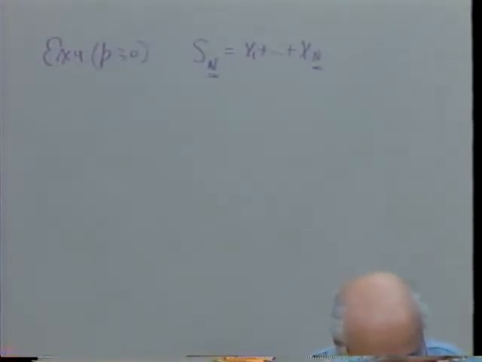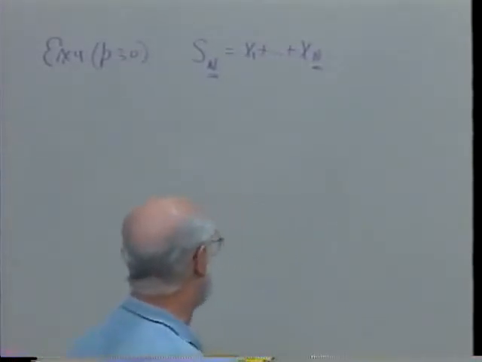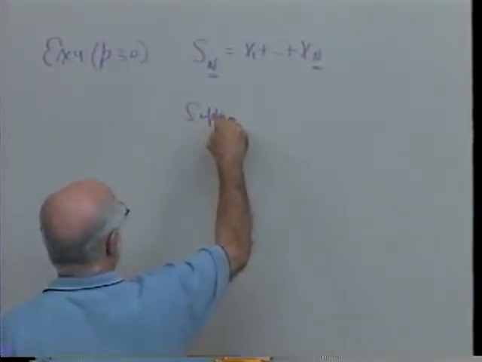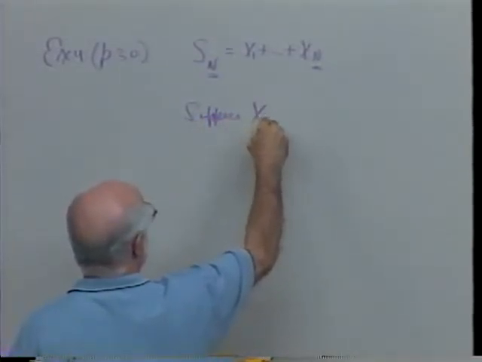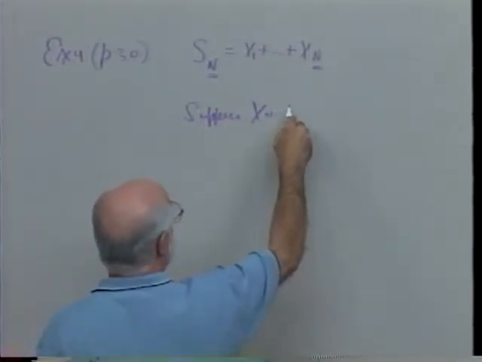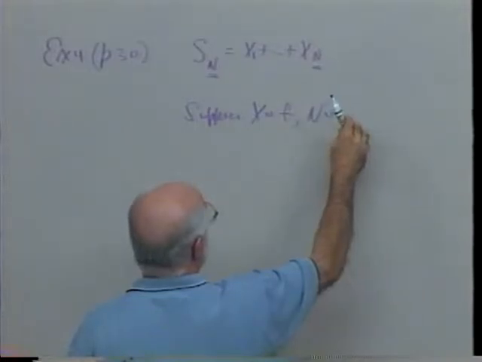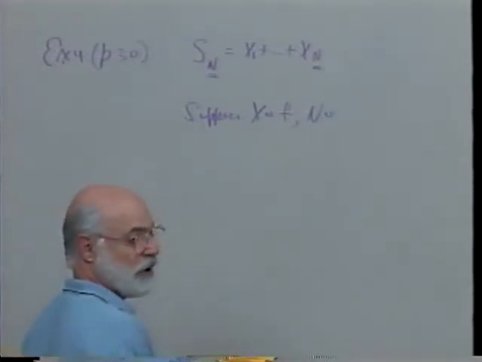Okay, now suppose that the X's have PGF f, and the N has PGF, what did I call it in the book?